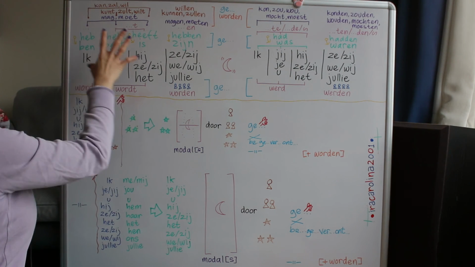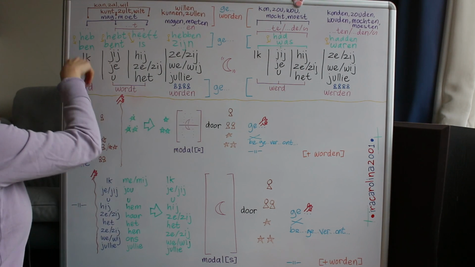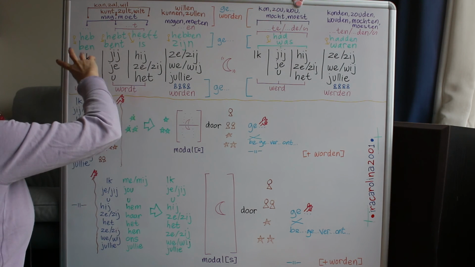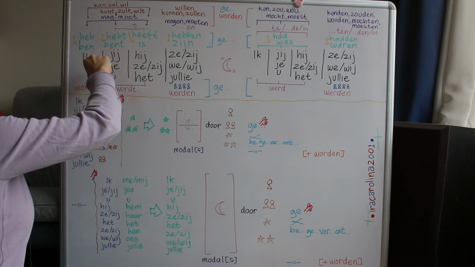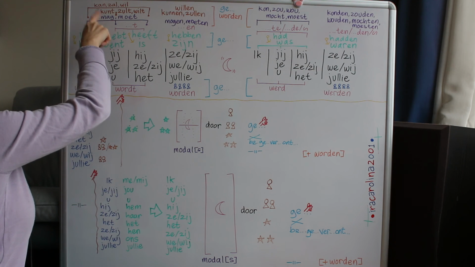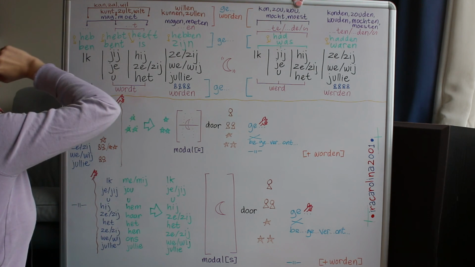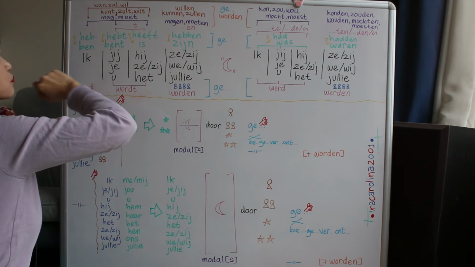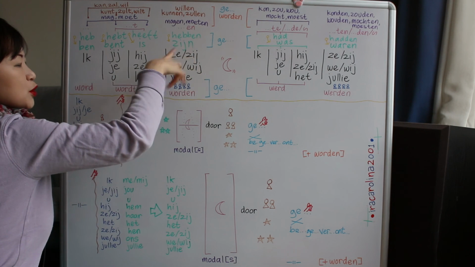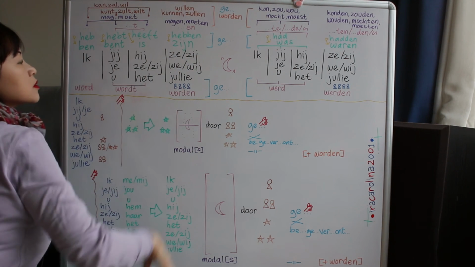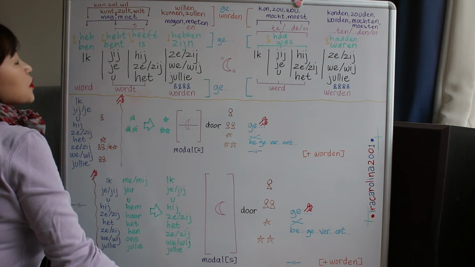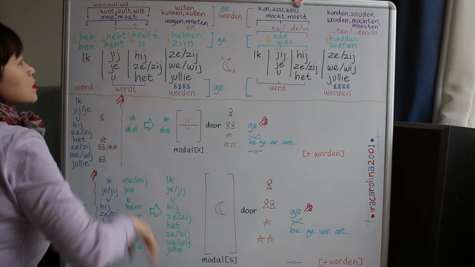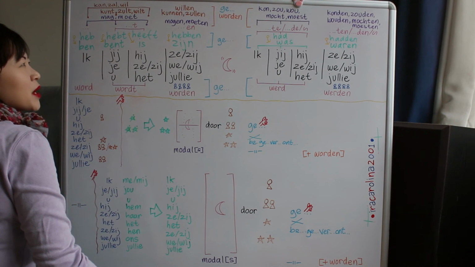For a person that consists of one, including ik, you, and he, she, it, we use mag or moet for may and must. And for more than one person, they, we, you guys, we put mogen or moeten for may and must.